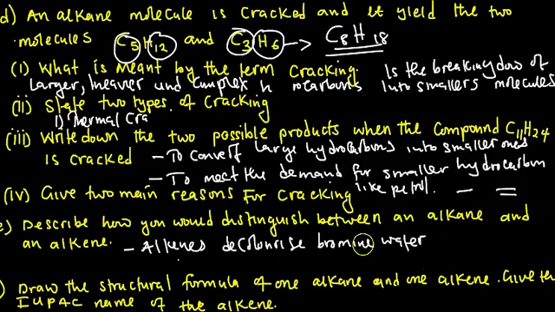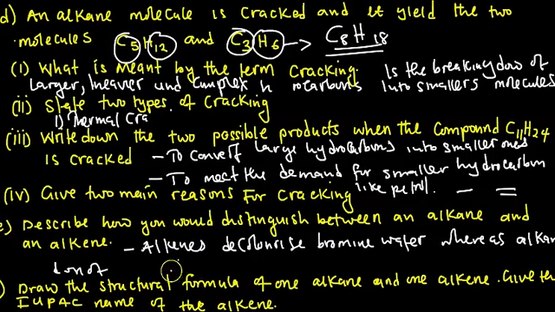So alkenes decolorize bromine water, whereas alkanes do not.